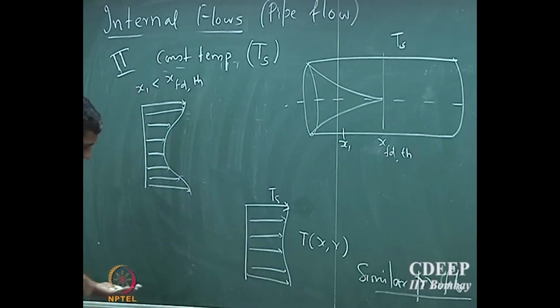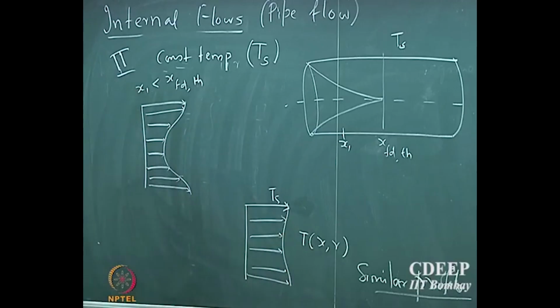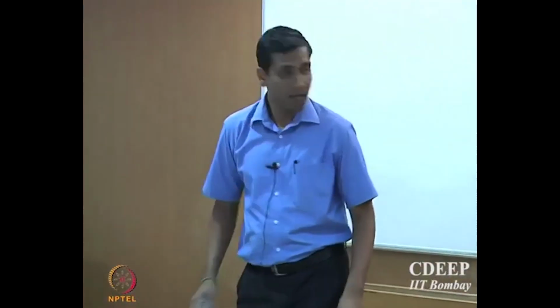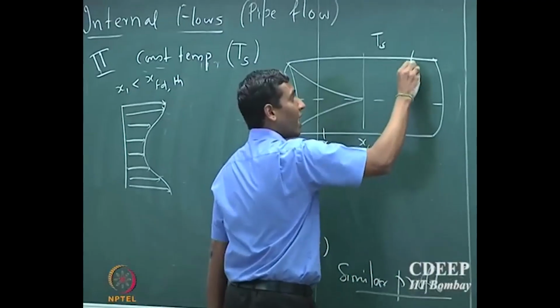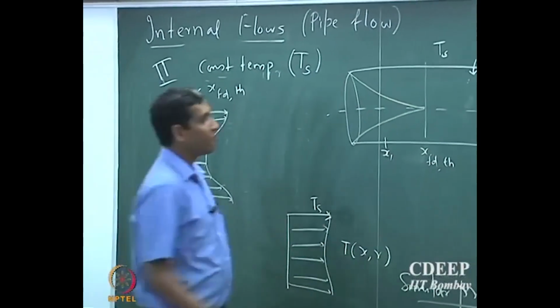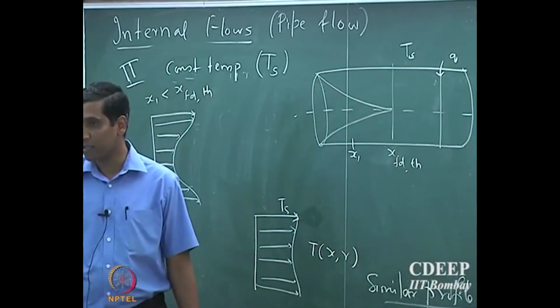So before we even understand what is a similar profile, we need to have a reference, right? Because even if you have constant temperature, you have a flux of heat transport, right? So until the fluid temperature equilibrates, because of Newton's law of cooling.